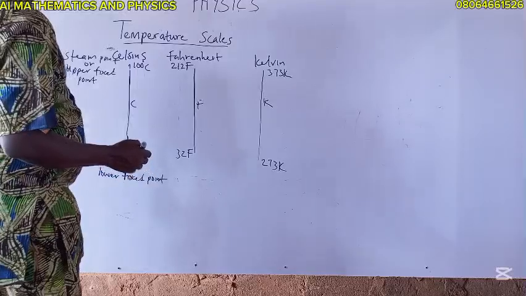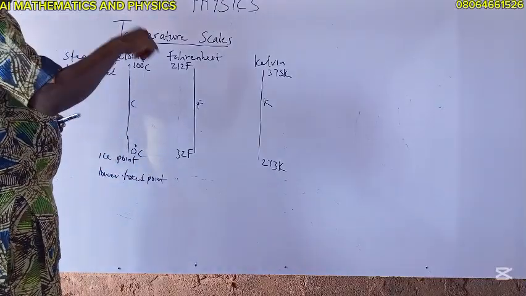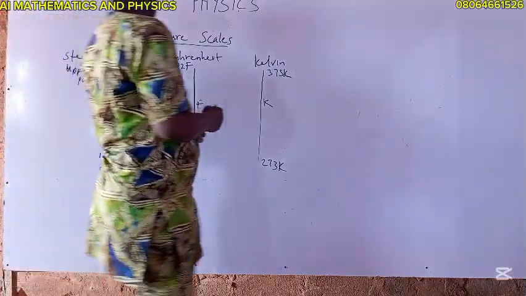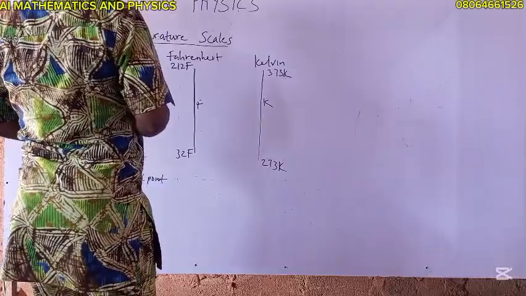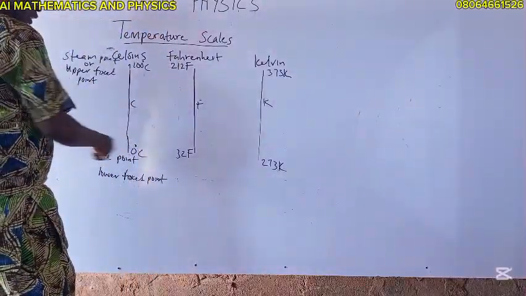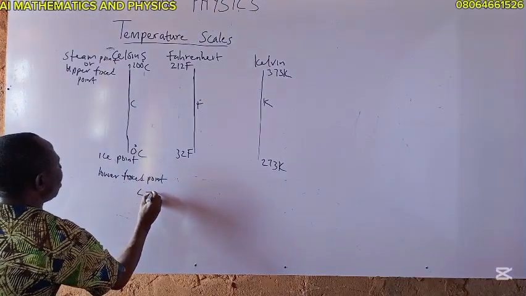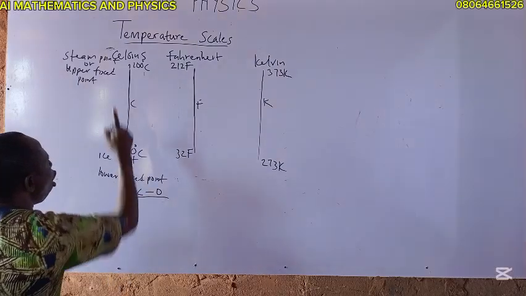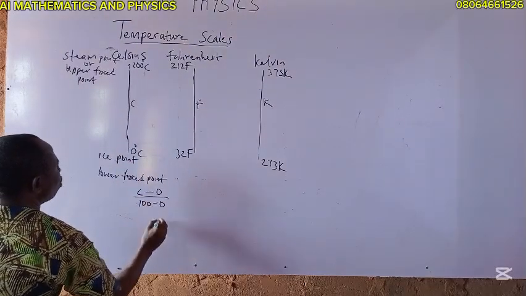Now, by the interpolation method, the middle value minus the lower value over the upper minus the lower. That will be C minus 0 degree over upper, that's 100 minus 0.